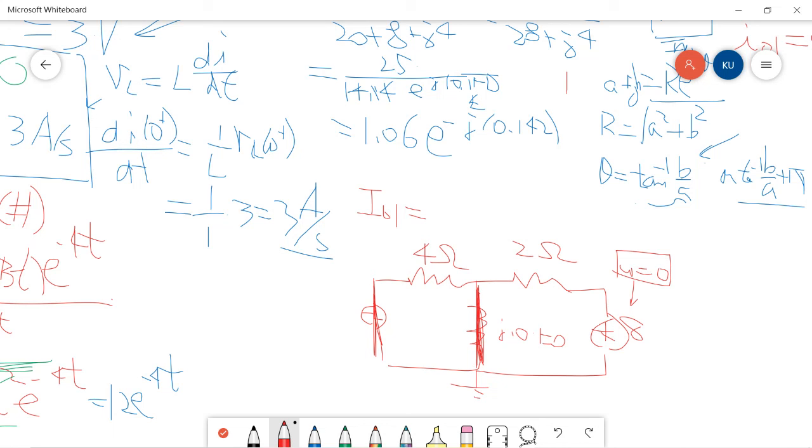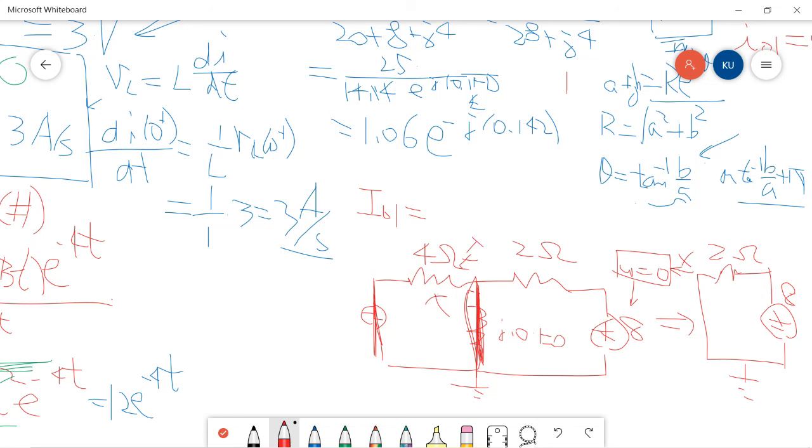In this case, 0 ohm parallel with 4 ohm, and then it will become something like this, 8, and then 2 ohm. Finally it becomes this. And then there will be no current going through that path.